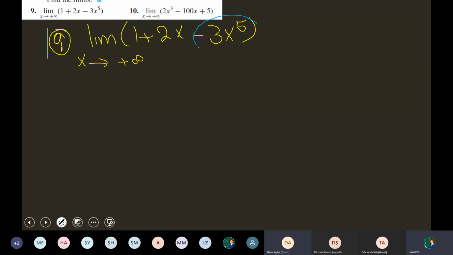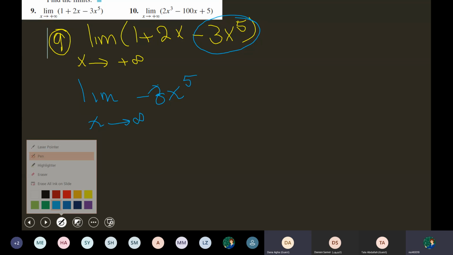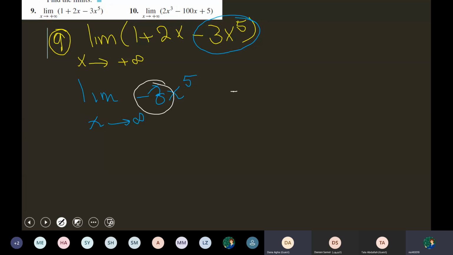Yes, you will choose this one, the limit of negative 3x raised to 5. Then what is the sign of the negative 3? It's negative. Then, as x approaches infinity and x raised to 5, what will be the sign of the infinity? Positive infinity. Then negative times positive is negative infinity. Thank you.